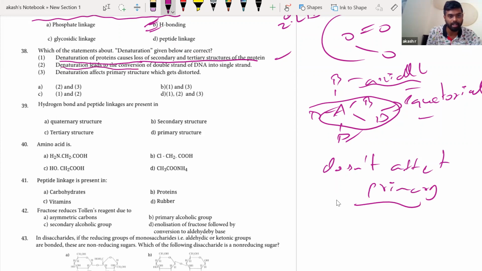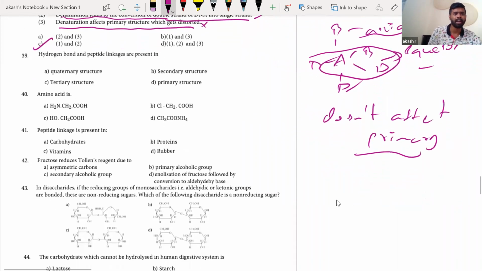Denaturation leads to the conversion of double stranded DNA to a single strand. Yes, definitely. Denaturation means it is not in a good state, so a double stranded DNA will become single stranded DNA. Denaturation affects the primary structure? No, this is not correct. So only 1 and 2 are correct. So option is C.